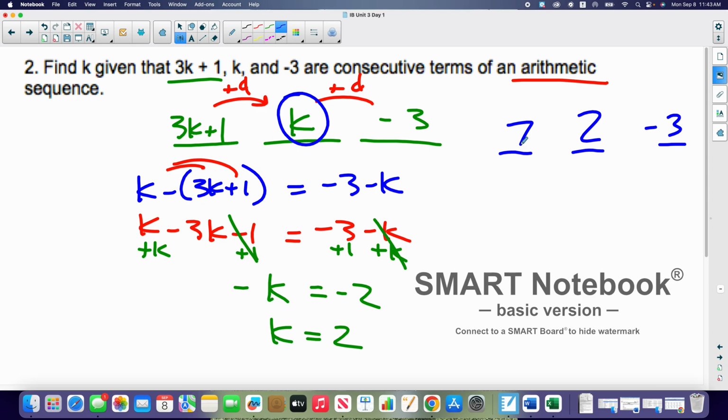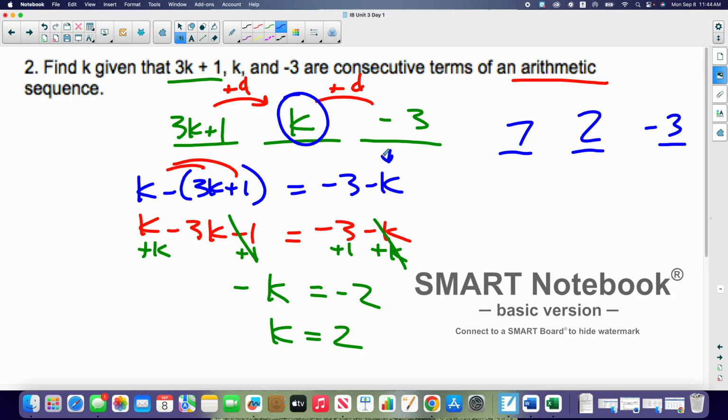Is that an arithmetic sequence? Yes: -5, -5, so it looks like it works. The other thing is, take the 2 and plug it in here. What's -3 minus 2? -5, because that was a common difference equation a while ago. You'd get -5 as well.